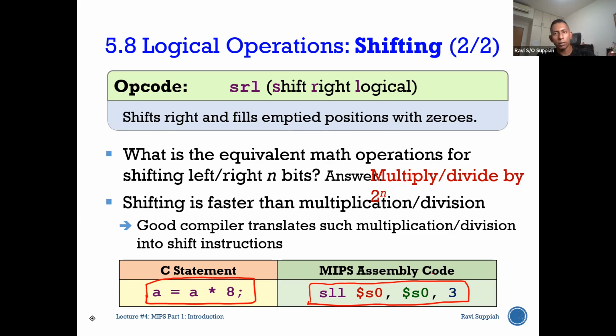Because multiplication is a very complex operation at the hardware level, which takes a lot of time, whereas shifting is very, very fast. So as much as possible, the compiler will try to translate your multiplication and division operations to shifting operations to make it more efficient.